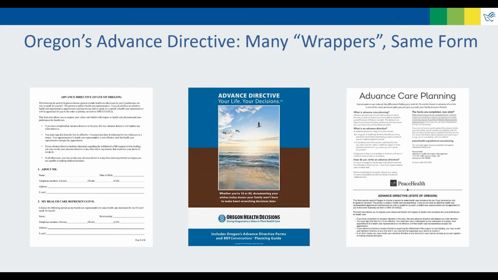And another note, in the form in the middle, the last section with the blue edged pages is where you'll find this basic advanced directive form. The rest of the Oregon Health Decisions pamphlet is more like a worksheet. So you'll find the advanced directive form in the last section of that booklet with the blue edged pages.